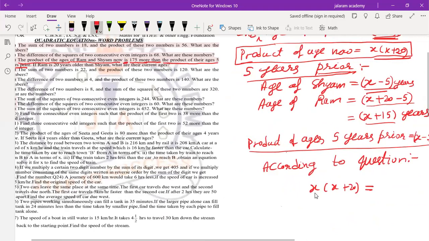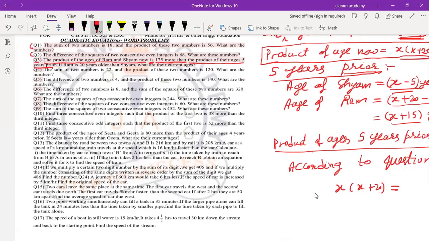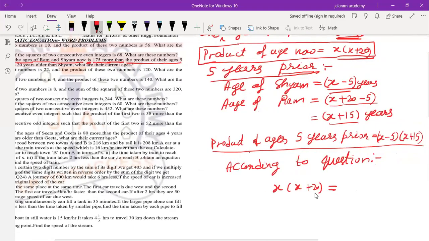And 175 more than that means we have to add 175 to this product. So the right hand side of the equation is the product of their ages 5 years prior plus 175.